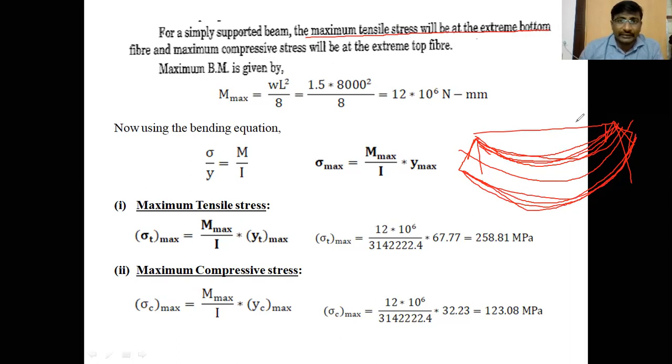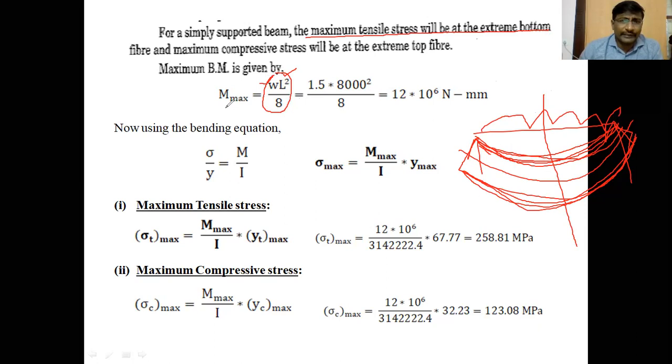Clear, students? So maximum bending moment is given by, for the given simply supported beam with UDL, where will the maximum bending moment be developed? At the center, at the midpoint of the beam. What is that value? Value of the maximum bending moment at the center is WL square by 8 is the formula. If W is the uniformly distributed load, L is the length of the beam, WL square by 8 is the maximum bending moment for simply supported beam with UDL.